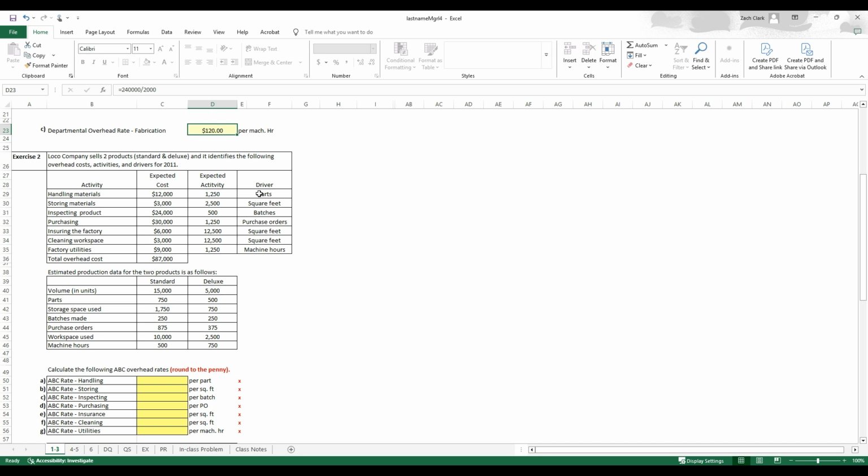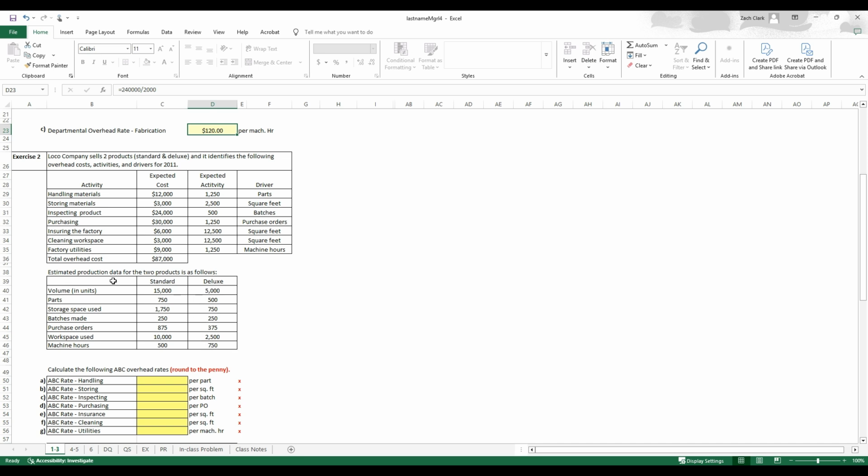So 1,250 parts essentially. For storage, we expect $3,000 of cost, and the amount that we have here is 2,500 square feet essentially.